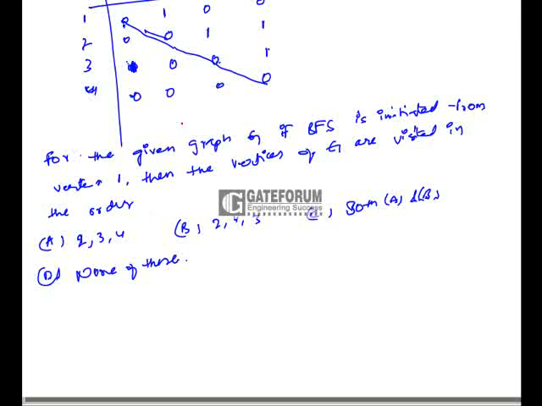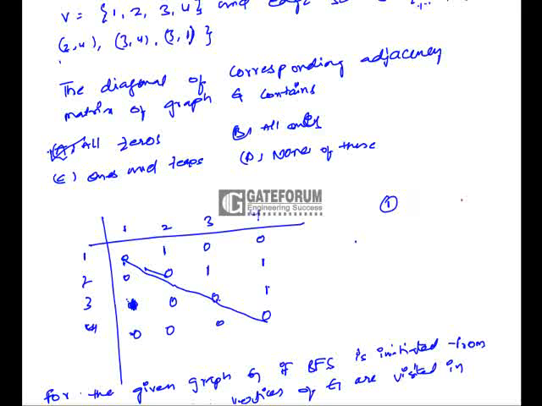Let us construct the directed graph for the given edge set. If we construct the graph, the vertices are 1, 2, 3 and 4.